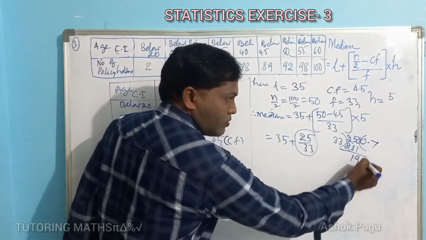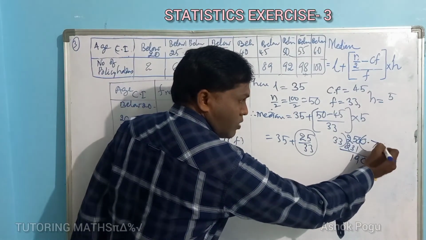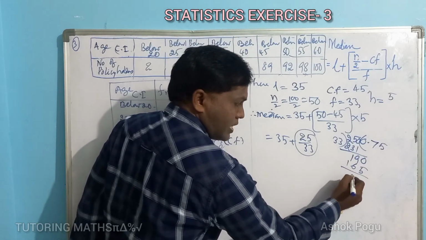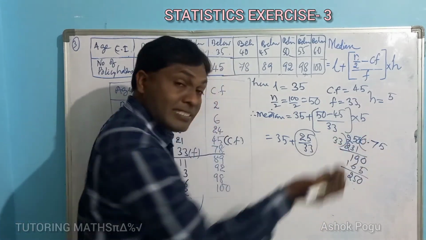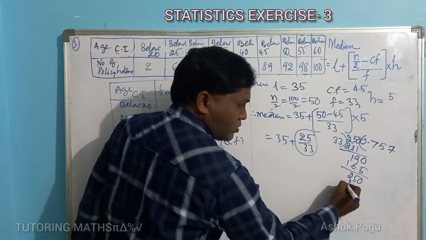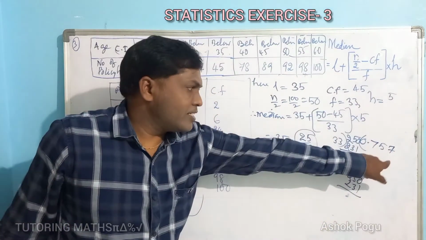Already decimal point, 190. In the 33 table, you can take 5 more, 165. We get 25. Already decimal point, 250. We have got the same result. So you know that again 7 times, so 231. Stop this calculation and check the third decimal place.